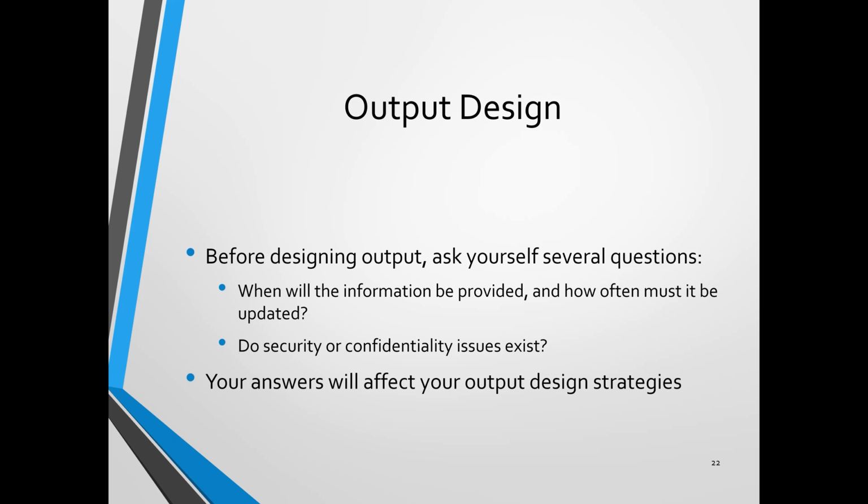So if somebody steals your email and tries to open this file, they can't open it straight away, because if they don't know your birth date, they will never be able to open that document. So you may have to think about confidentiality and security issues as well. Each answer of yours will affect your input design strategies.